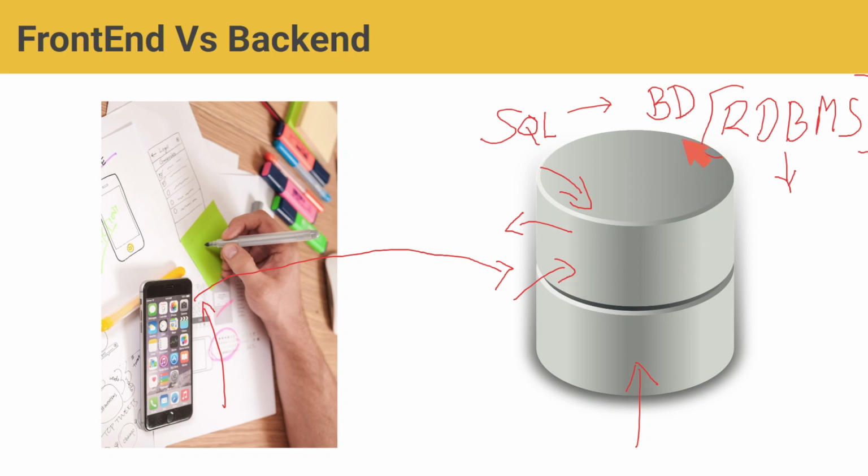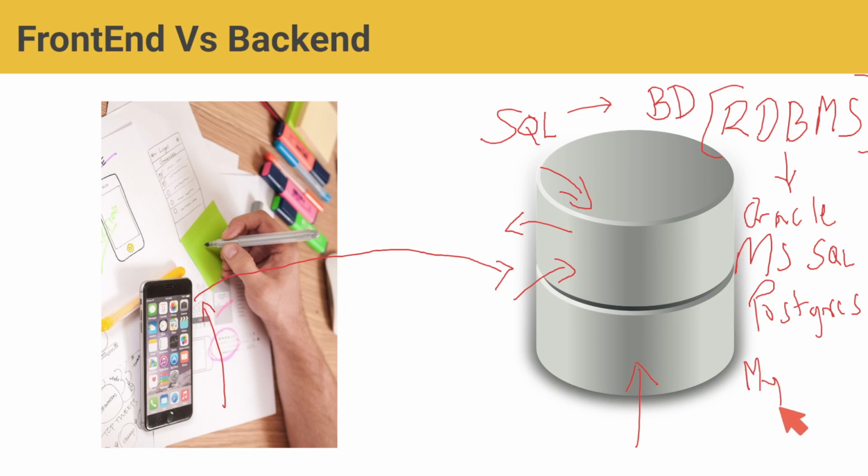The most popular relational database management system providers are Oracle, Microsoft, which provides it in the name of Microsoft SQL Server, Postgres, MySQL, and many more. If you Google the various relational database management systems available in the market, you will get a plenty of list, out of which these are the popular ones.